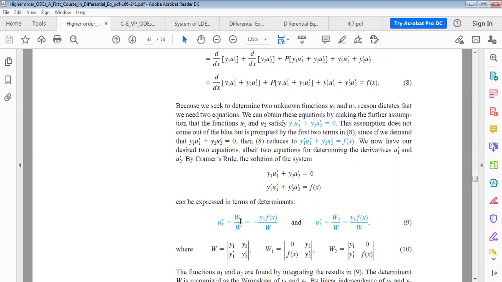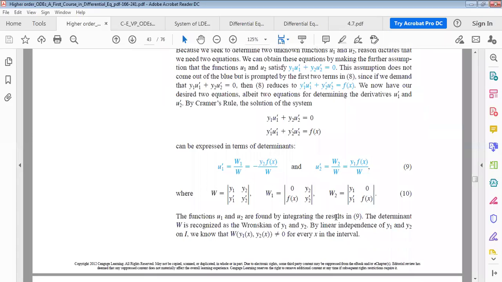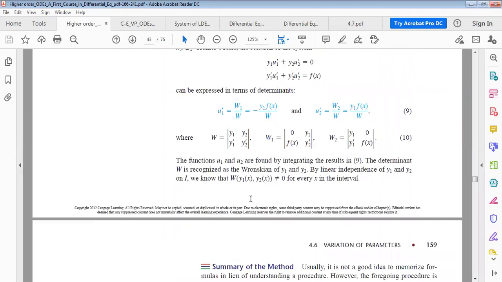So u1 dash will be W1 divided by W, and u2 dash will be W2 divided by W. Here W is the determinant of y1, y2 and y1 dash, y2 dash, and W1 will have the right hand side column and the y2, y2 dash column, and W2 will have the first column y1, y1 dash and the right hand side. So we get u1 dash and u2 dash using these determinants.